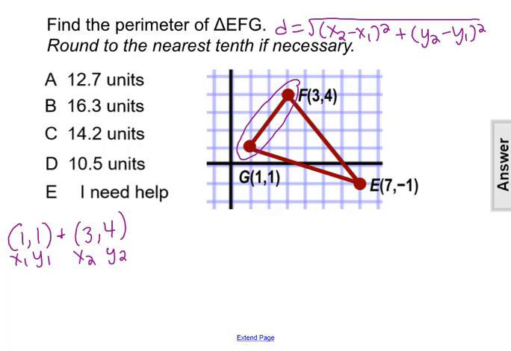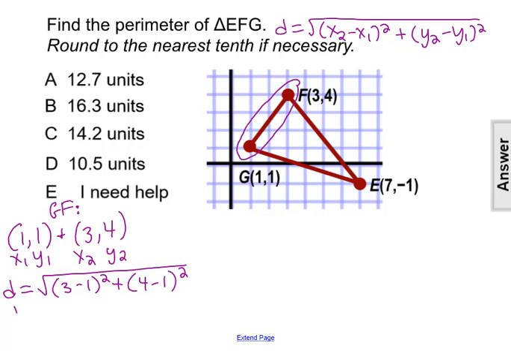So for the distance between GF, let me label that, we're going to have that the distance is equal to the square root of (3 minus 1) squared, x2 minus x1 squared, plus (4 minus 1) squared, y2 minus y1 squared.